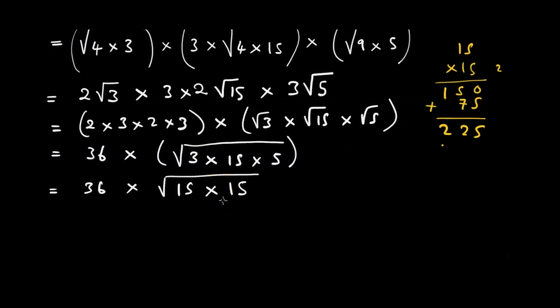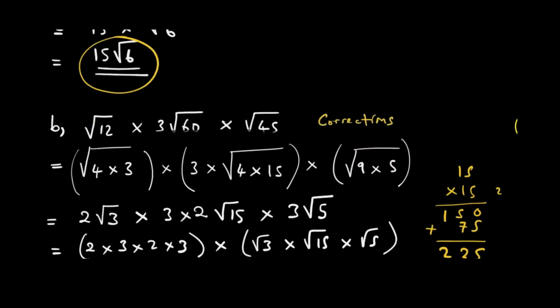So here we are multiplying by the square root of 15 times 15, which is 225. If we find the square root of 225 we get 15. So the square root of 15 times 15 is equal to what? It's equal to 15. So we have 36 multiplying 15. What answer do we get there? 36 times 15. The final answer is 540.